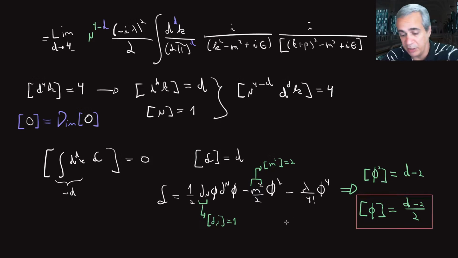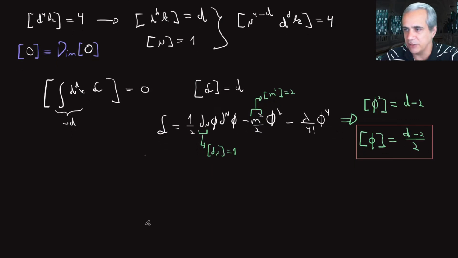We'll be doing a lot of dimensional analysis on quantities when we are trying to do a more general approach to renormalization. But for now, what we can see from this is that if you go back to that dimension, now to this lambda phi to the fourth term here, you see that every term in the Lagrangian needs to have dimension d.